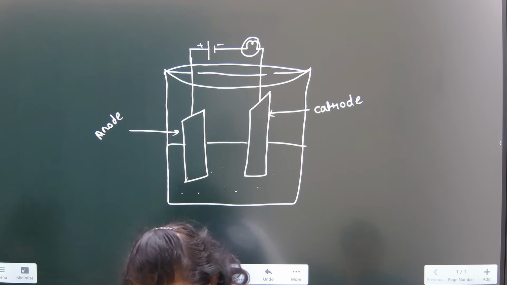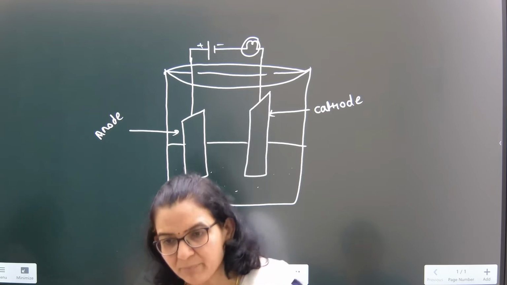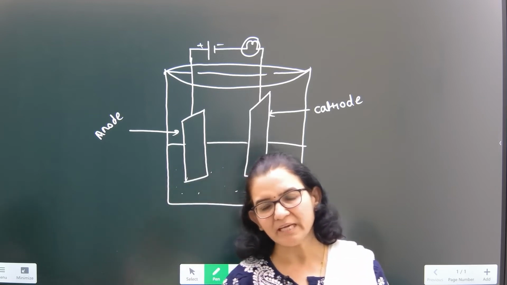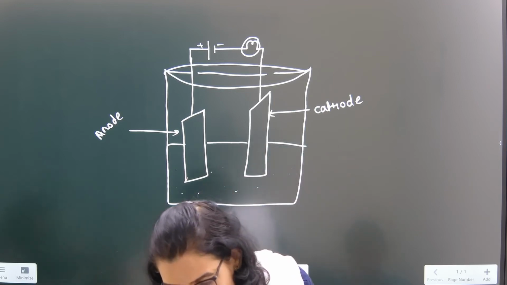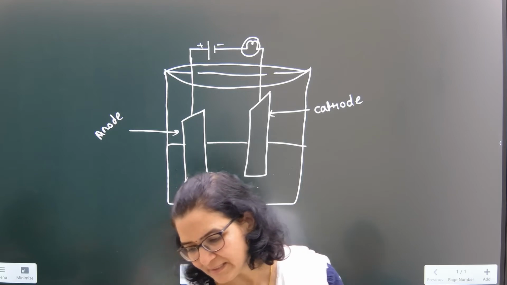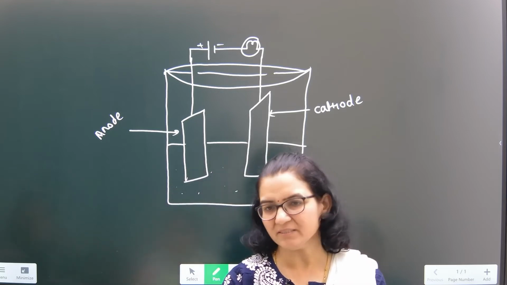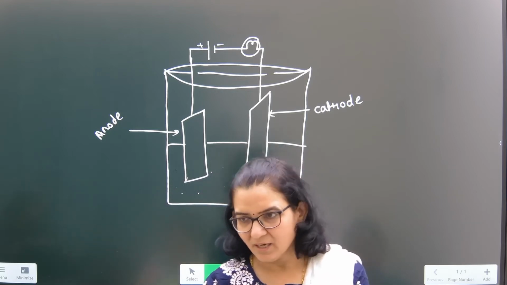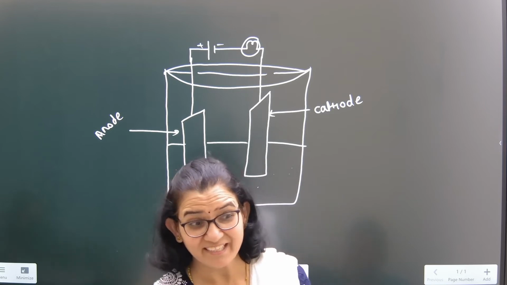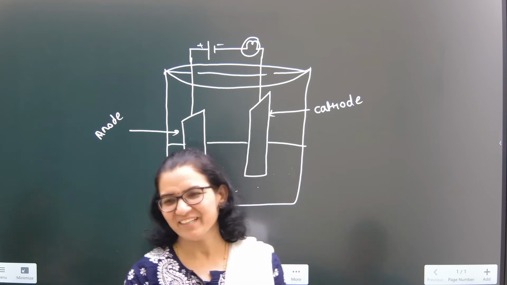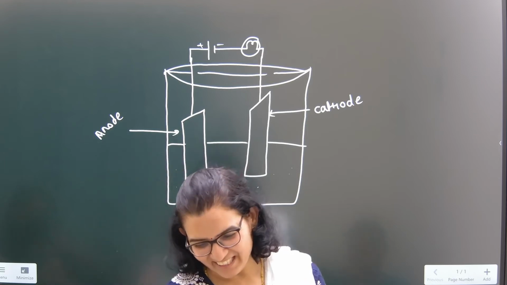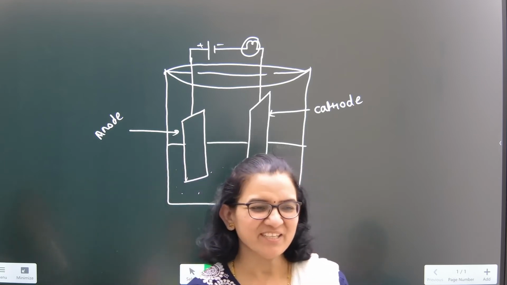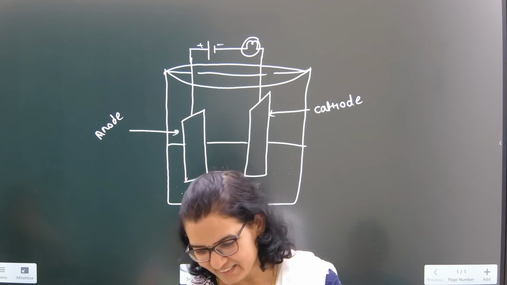Okay. So which are the acids? You can depend on the glow of the bulb to decide whether it is a strong or weak electrolyte. Now acids and bases, alkalis. In bases, all alkalis are bases, but not all bases are alkalis.